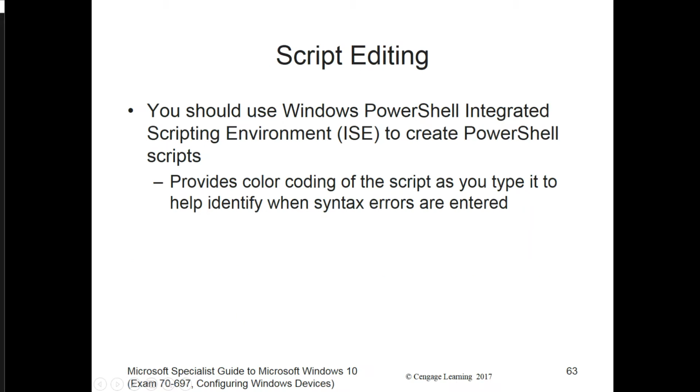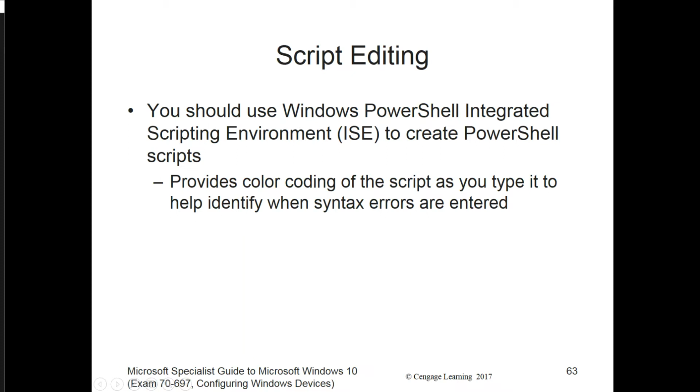Now we've got script editing in PowerShell that's integrated into the scripting environment. We use the Windows PowerShell integrated scripting environment to create PowerShell scripts. It provides color coding of the script as you type it. It helps you identify when syntax errors are entered.